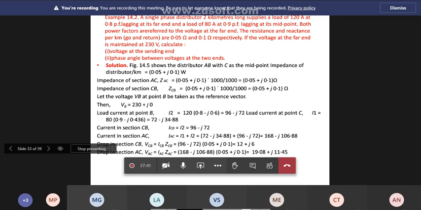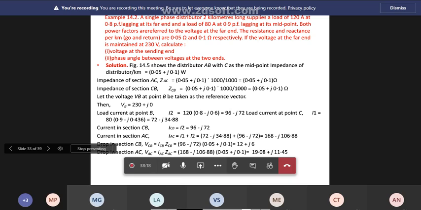And the resistance and impedance per kilometer, they given per kilometer as usual. The impedance of the distributor per kilometer is 0.05 plus j 0.1 ohms, not watt, ohm. Now the per kilometer value is converted into ohms. So the impedance of section AC, ZAC is equal to 0.05 plus j 0.1.